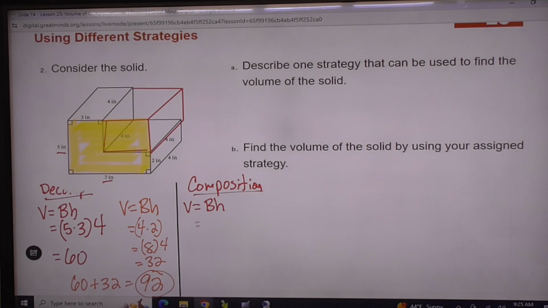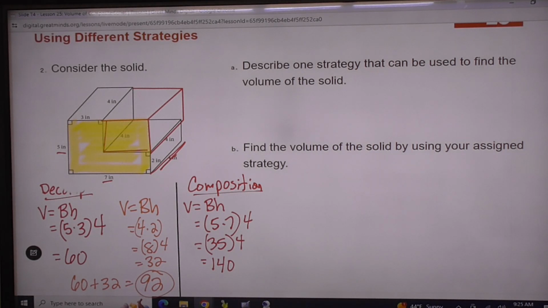So my base is going to be 5 times 7. And then if that's laying on the ground, my height is still 4. So that's going to be 35 times 4, which is 140. Way bigger than the number we had just a second ago, right?